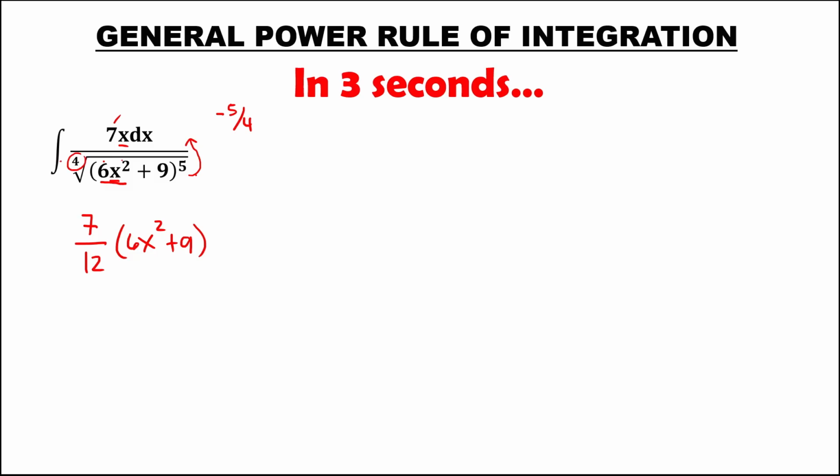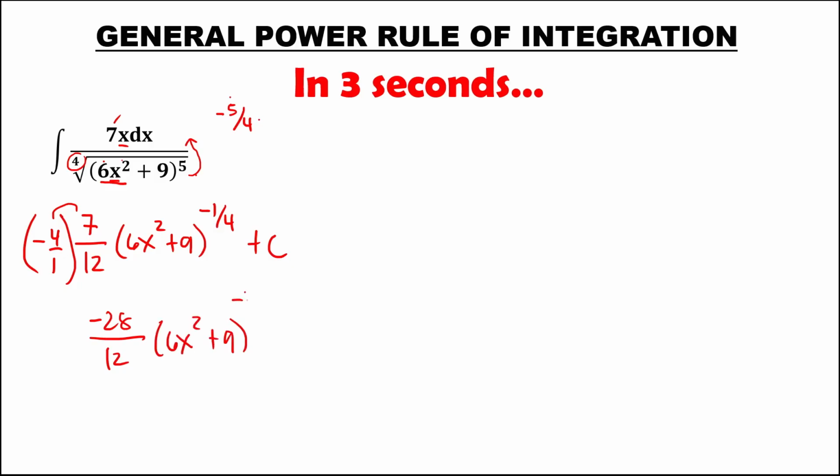So this one is the root. So again, add these two numbers. So negative 5 plus 4, that's negative 1. Then copy the denominator. Since the exponent is negative 1 over 4, the reciprocal is negative 4 over 1. Then this one is plus c, then multiply. So this one is negative 28 over 12. Then (6x² + 9) to the power 1 over 4, then plus c.